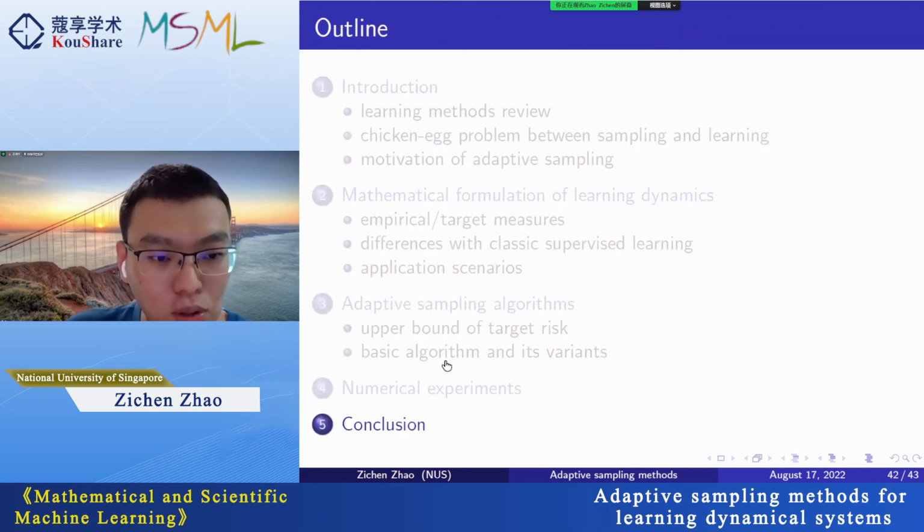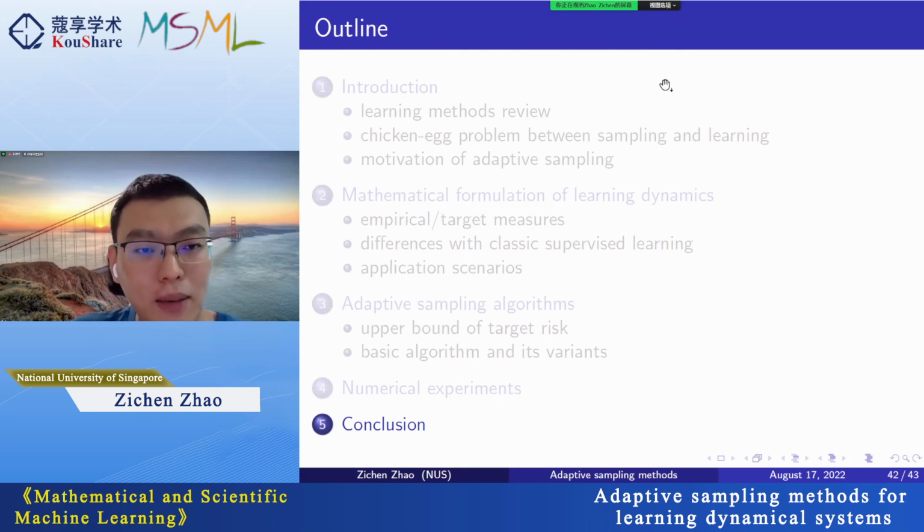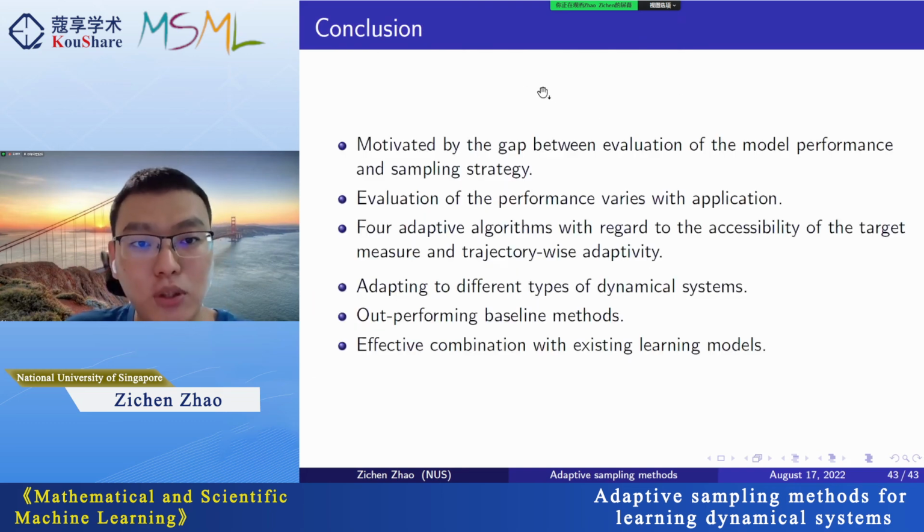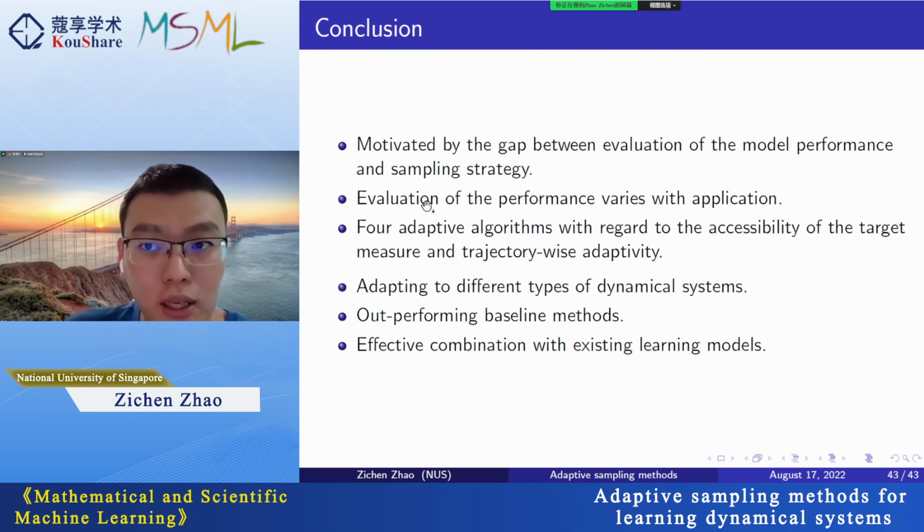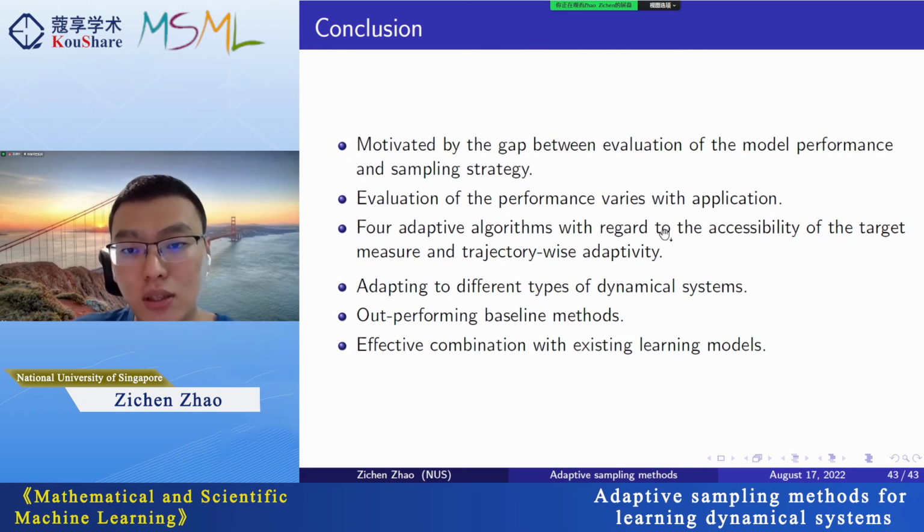Okay, finally, I will do a quick conclusion. So, our adaptive sampling method is motivated by the gaps between evaluations of model performance and sampling strategy. And the evaluation of the performance varies with different applications. And we bring up 4 different adaptive algorithms with regard to the accessibilities of the target measures and trajectory-wise adaptivity.